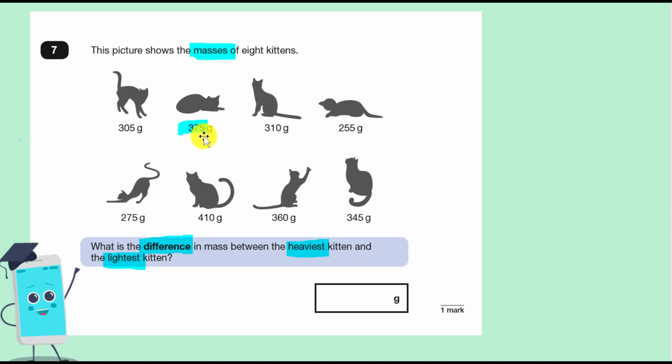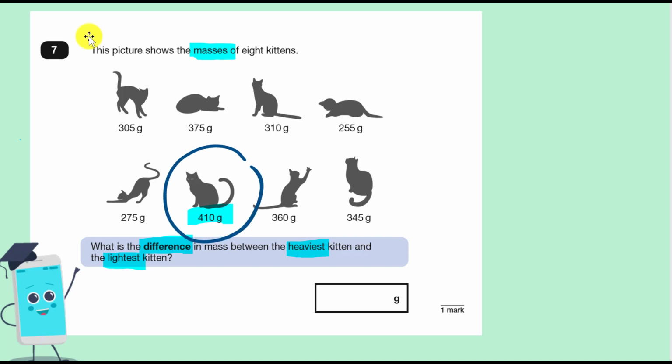So I'm just going to highlight that. So far this is the heaviest. 275, that's still the heaviest. 410, okay, so that's now heavier. So I'm going to highlight that. 360, that's still heavier. 345. So we found our heaviest cat. Our heaviest cat is 410 kilograms.